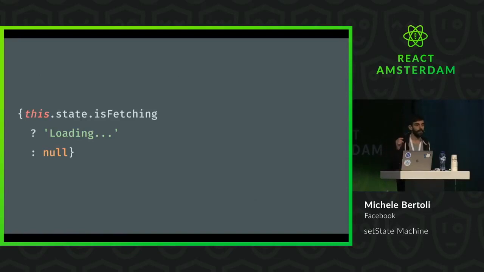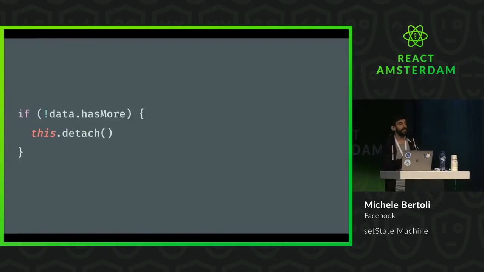However, if we implement this and we try it, we soon figure out that when we reach the final page, we keep on fetching. There is no way for us to stop fetching when there are no more pages. If you suppose that your data returns an object that has a more attribute, you can use this attribute to, for example, detach the event handler. So now you're doing three things: when it's not fetching, when it's fetching, and when there is no more data.